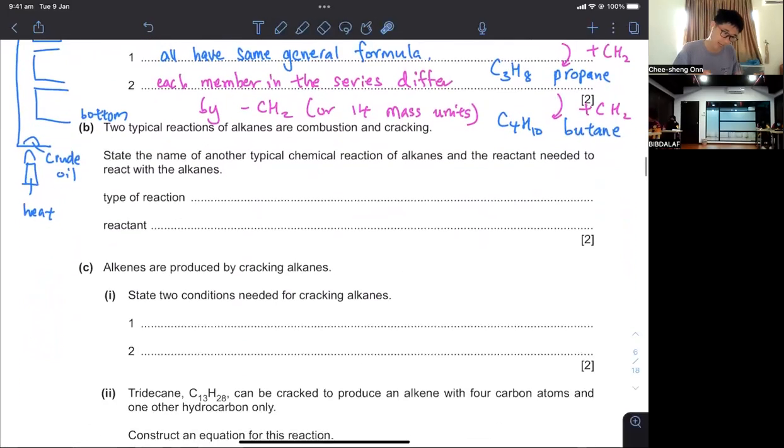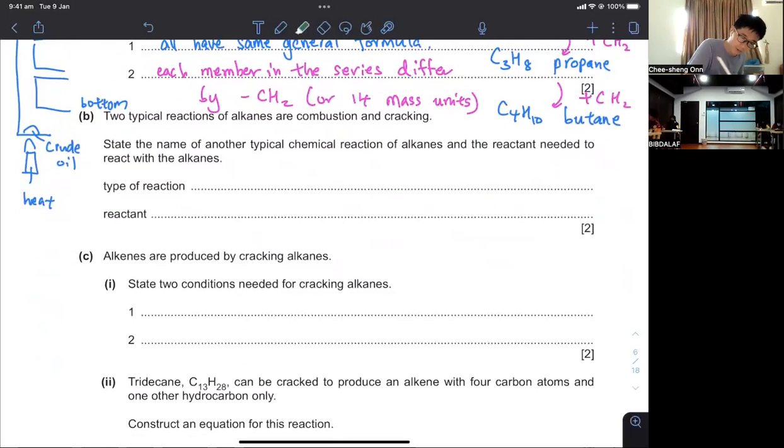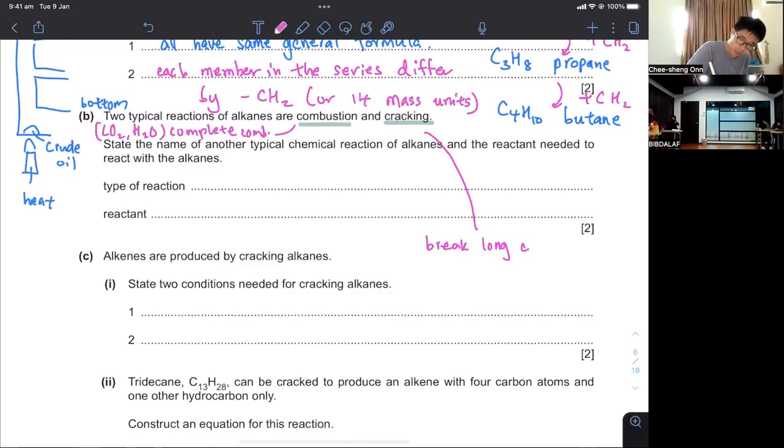Now, two typical reactions of alkanes are combustion and cracking. Remember last week we talked about complete combustion. Complete combustion will give you CO2 and H2O. Cracking is something that we will talk about again later, but it's basically breaking up long chain hydrocarbons into shorter chain hydrocarbons.